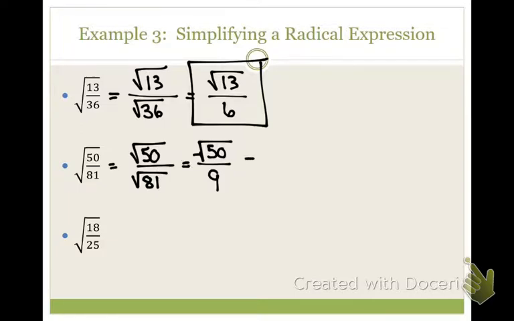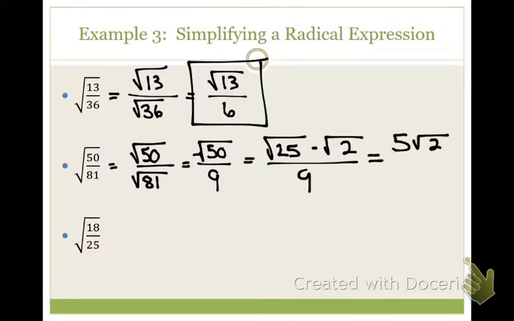You have to show me square root of 25 times the square root of 2. That shows me you didn't just punch it in your calculator. You can put that over 9. So 5 square root of 2 over 9. I need you to understand why the number is outside the radical sign. Why do I have a 5 on the outside?